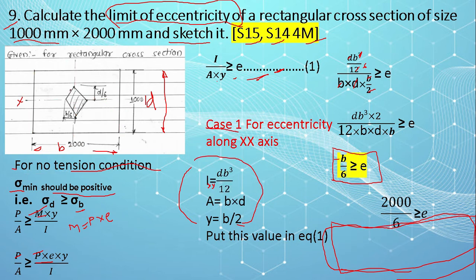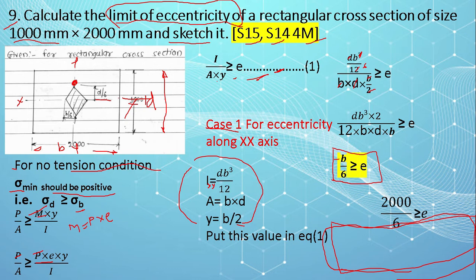Now suppose second case, our eccentricity is along this y-axis. Here this is our eccentricity along this y-axis. In that case, this force is eccentric with respect to the x-axis, it is along the y-axis.